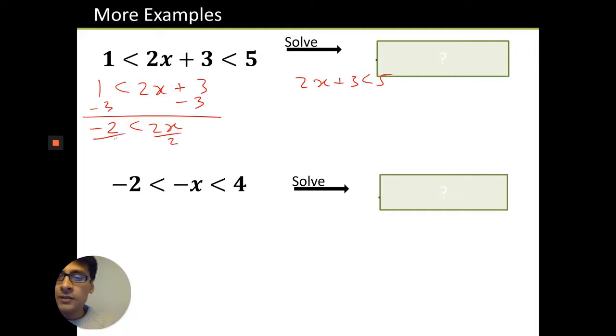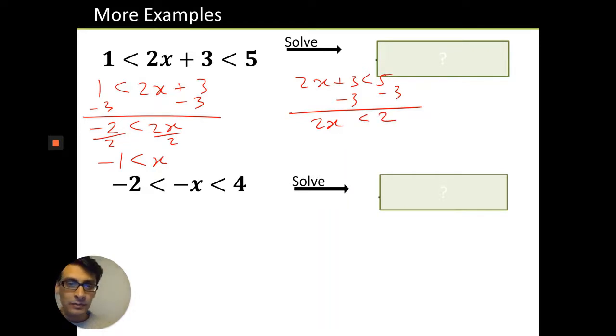Divide by 2. So negative 1 is less than x. It looks like a C, so I'll change that to a less than sign. And here, I'm going to take away 3 from both sides. So I get 2x is less than 2. And then divide by 2, so x is less than 1.